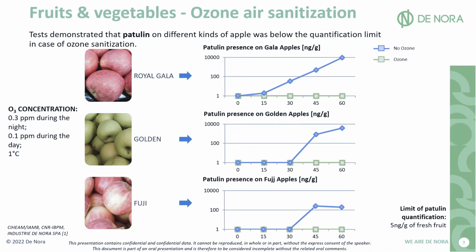You cannot see it on the products because it's very small, but the formation of mycotoxin can start, and you can find these products with mycotoxin on the fruits. And it's not simple to detect, because if you don't make a test, you don't find it, because you don't see the mold developing on the products. As you can see in the picture, you don't see anything. But if you make a test on the apple, you can find the mycotoxin on it.